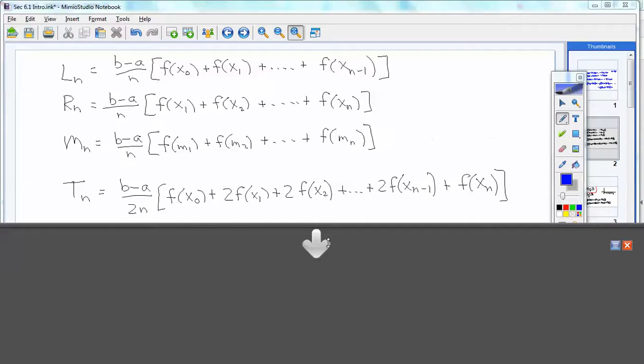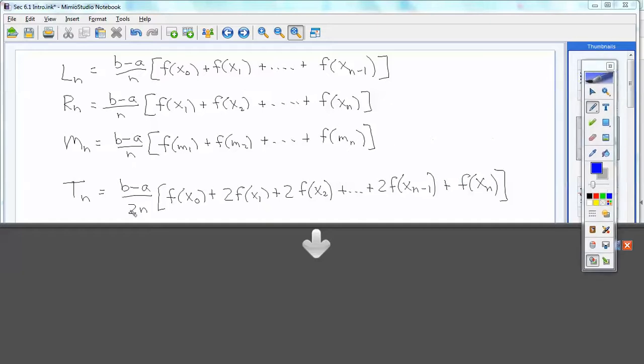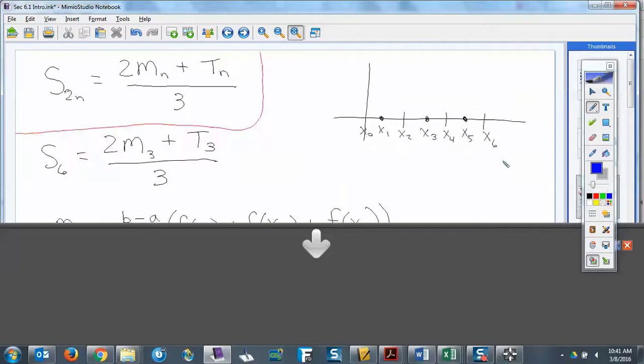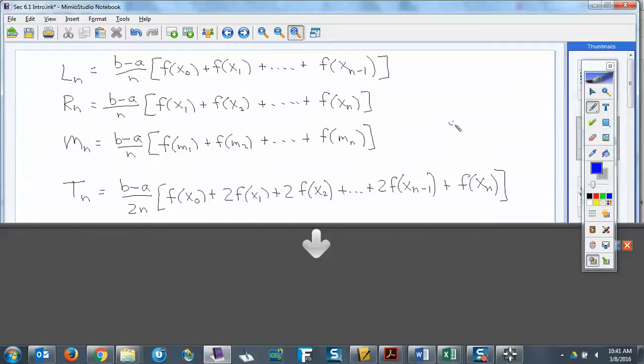Well, actually, before we do this new one, let's talk about another way to do trapezoids. Think about this. If I took this one and added it to this one, right? If I took lefts and rights and added them together, think about what I would get.